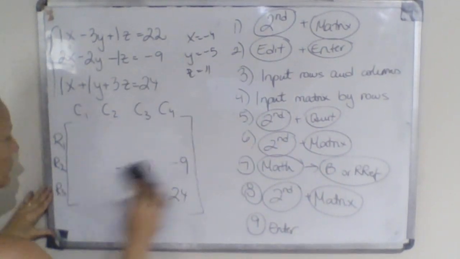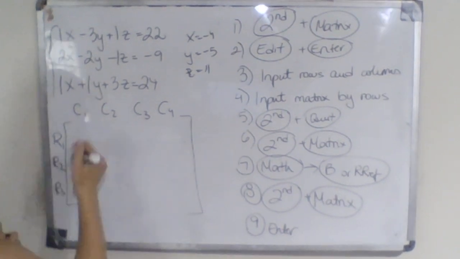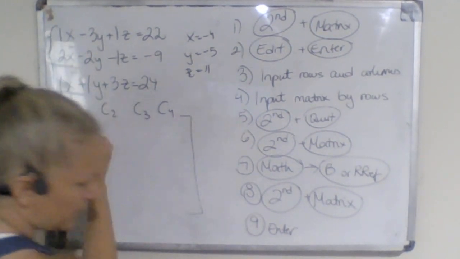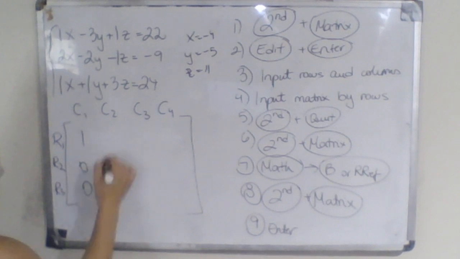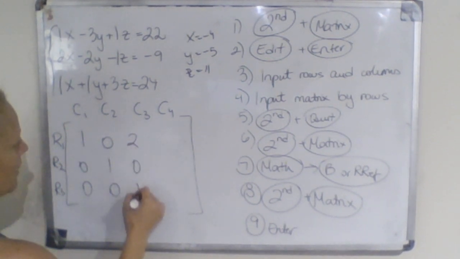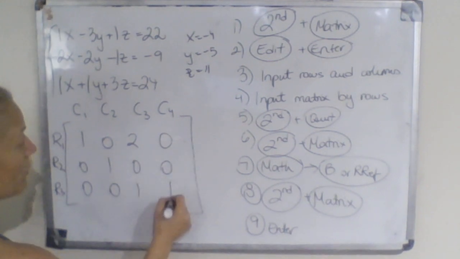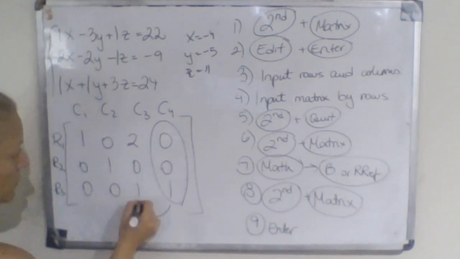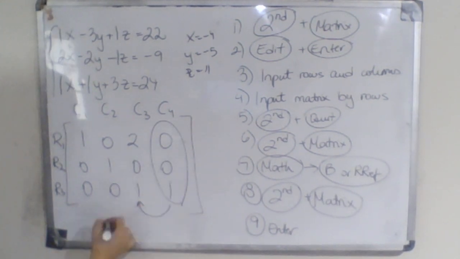So if it's going to look something like this, I'm going to write it in here just for you to see. 1, 0, 0, 0, 1, 0, I don't care, 2, 0, 1, and 0, 0, 1. So this column that's supposed to be here is now the 4th column. This means no solution, okay?